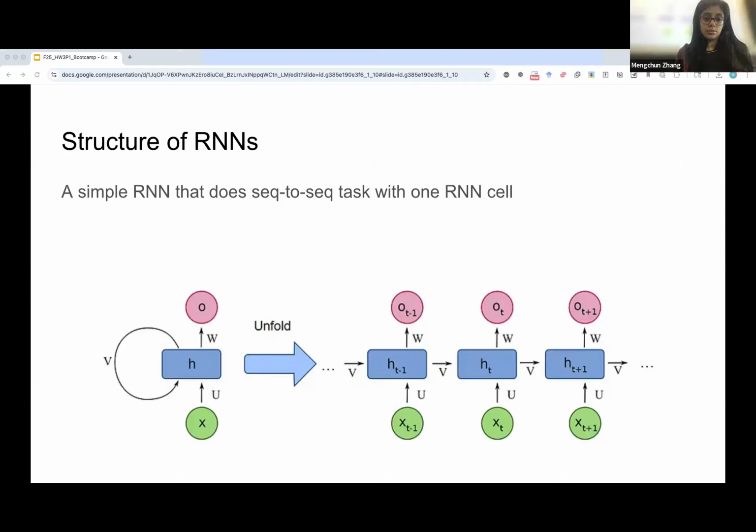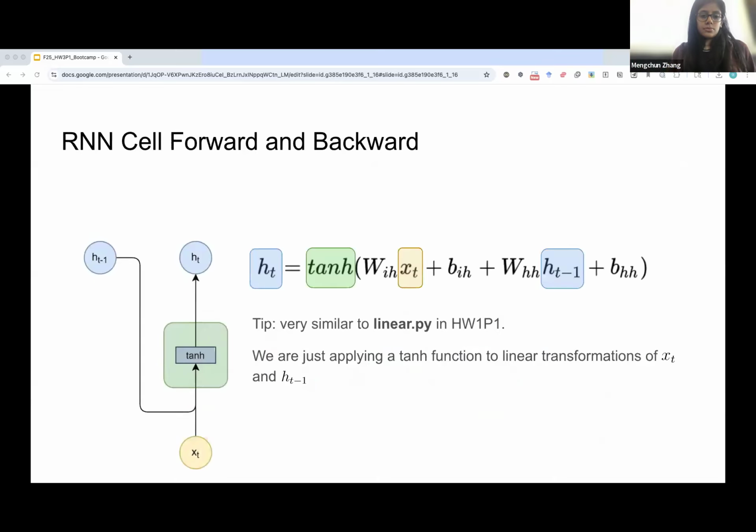Okay, so a simple RNN is just one block that is applied at every time step, and it takes an input at every time step, as well as the previous hidden state. So this is the equation that you'll be implementing for the forward and backward functions of the RNN cell.